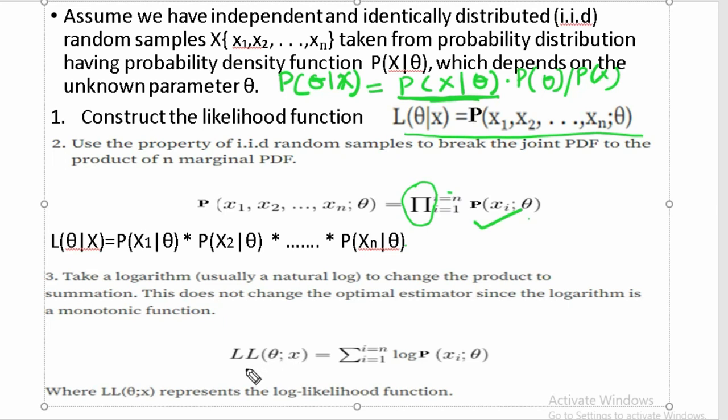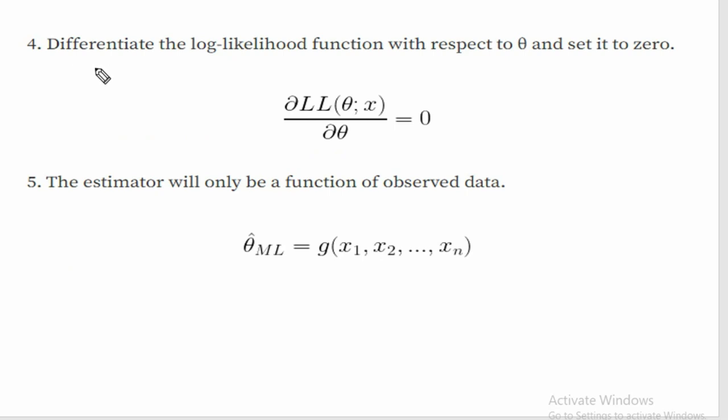So here what we can do is that we apply log at both the places, that is here as well as here. And if you apply log, then L theta given x represents the log likelihood function. And in the next step, differentiation is applied to this log function, with respect to theta, and it will be set to 0.